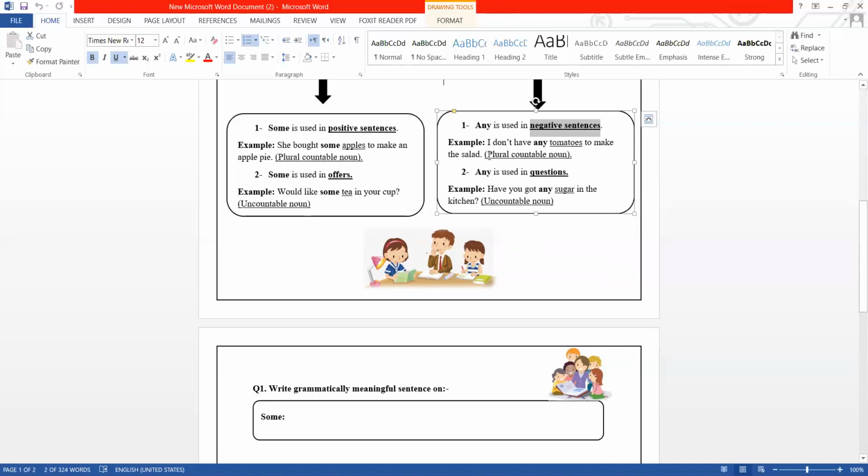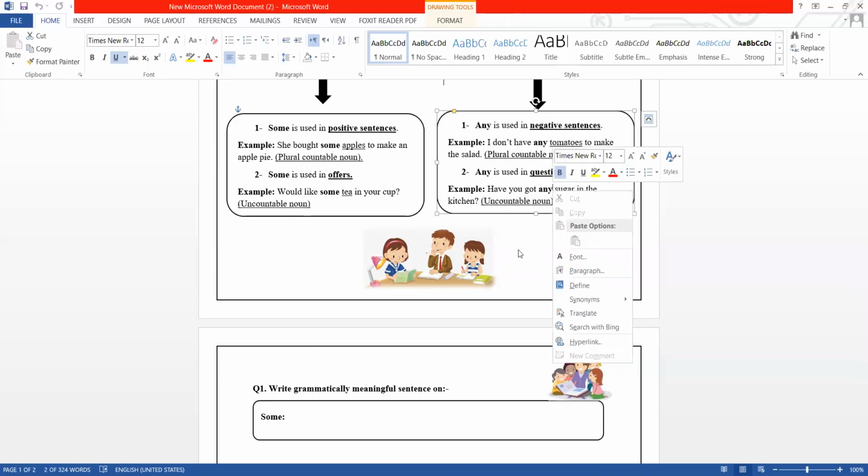Here, tomatoes is a plural countable noun and it's in a negative sentence. So we add any. Any is also used in questions, just like when you want to say, have you got any sugar in the kitchen? Now, sugar is an uncountable noun, and because it's a question, we can use any.